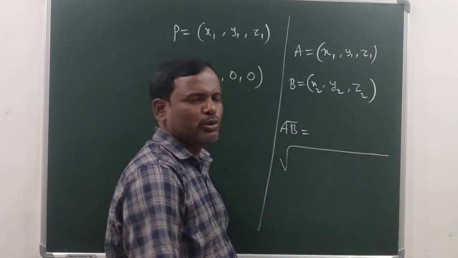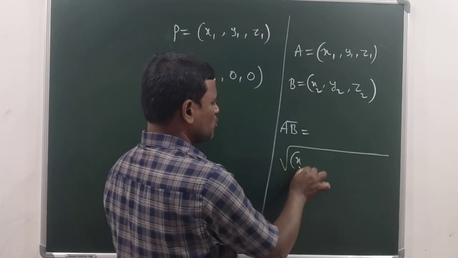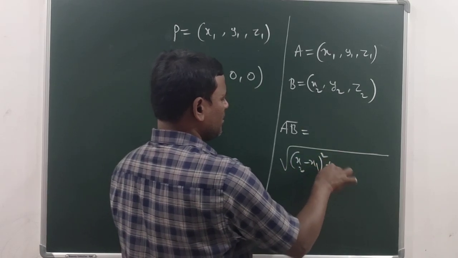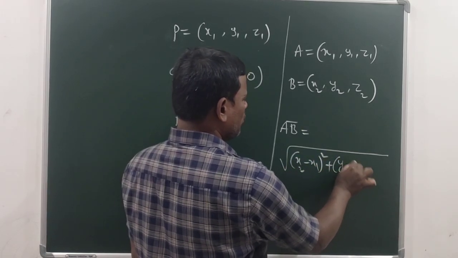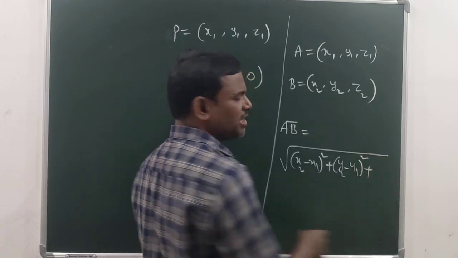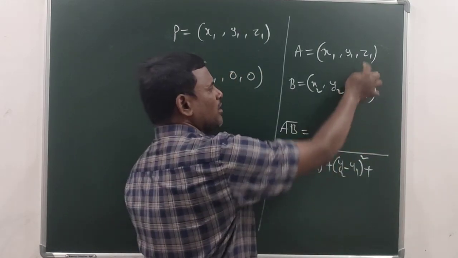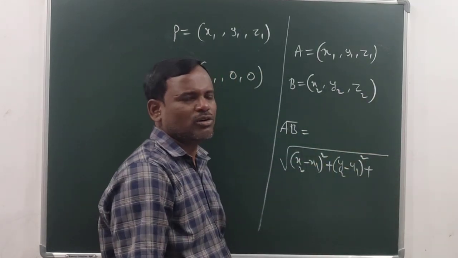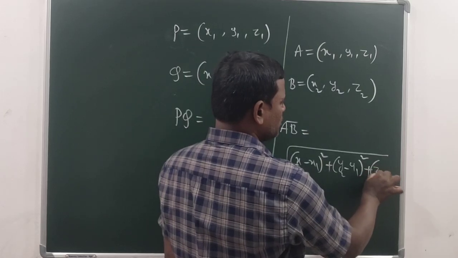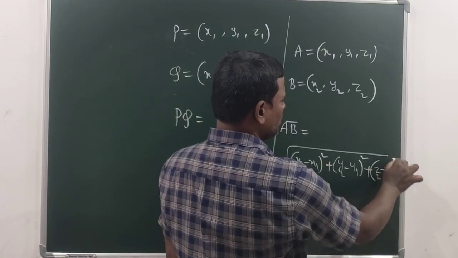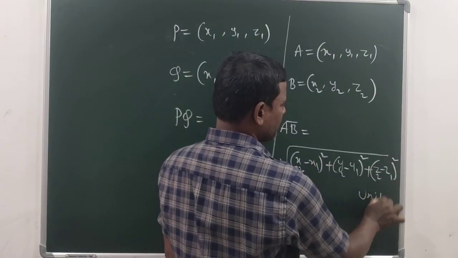Same as 2D: x2 minus x1 whole square plus y2 minus y1 whole square. But in 3D, a z coordinate is extra, no? So take the difference of these two: z2 minus z1 whole square, under the root, units you have to write.